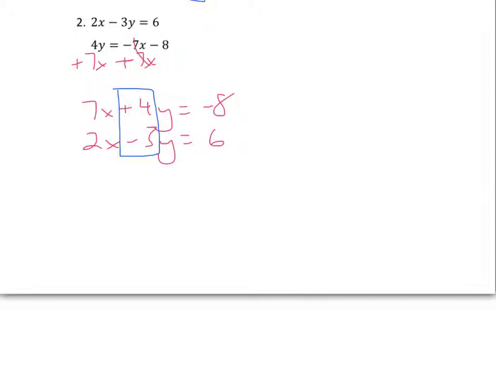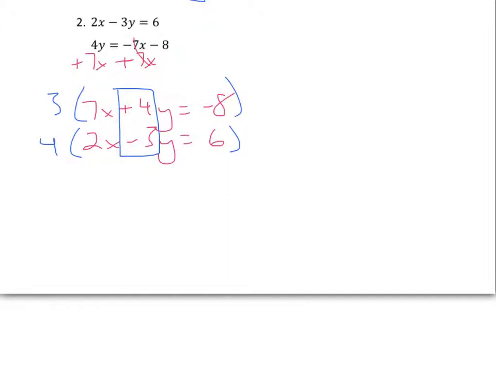So what's the least common multiple of 4 and 3? It's going to be 12. If we wanted the top to be 12y and the bottom to be -12y, all we'd have to do is multiply this top by 3 and multiply the bottom by 4.